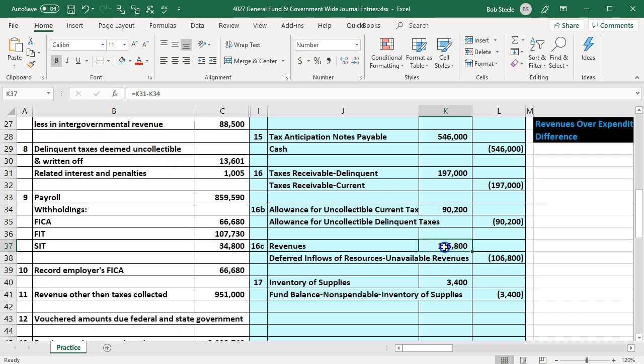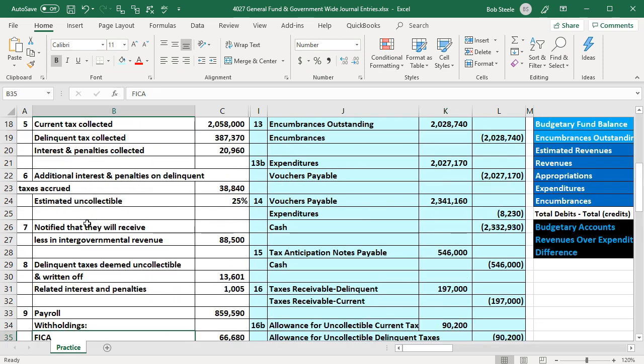We moved the difference between the receivables and the allowance, and we recorded that as a reduction in revenue. We also had an item up here in number 6 where we had additional interest and penalties on delinquent taxes, where we recorded revenue of this $38,840, which we haven't received as well. So that's another item we have to reverse.